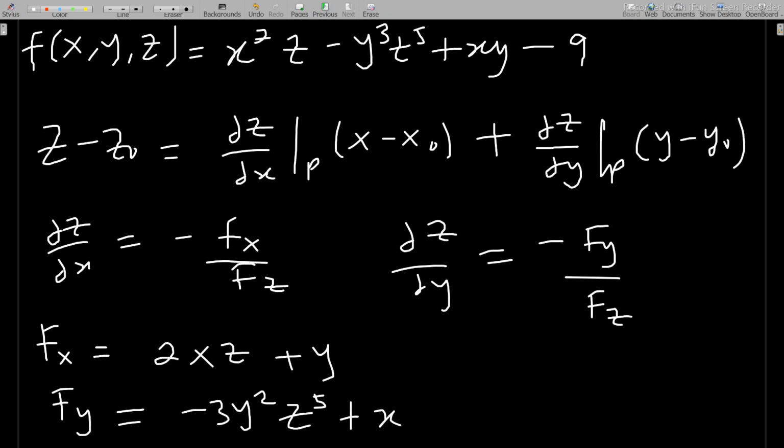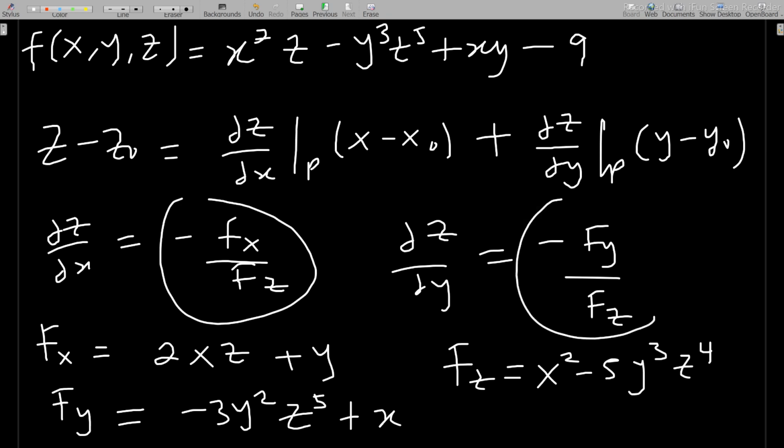And then fz is also equal to x squared minus 5y to the 3rd power z to the 4th power. So we have them. Now let's put them back in these ones.